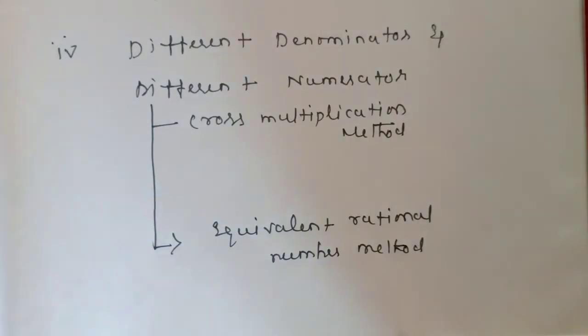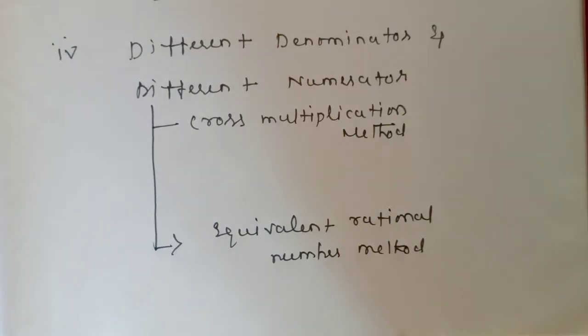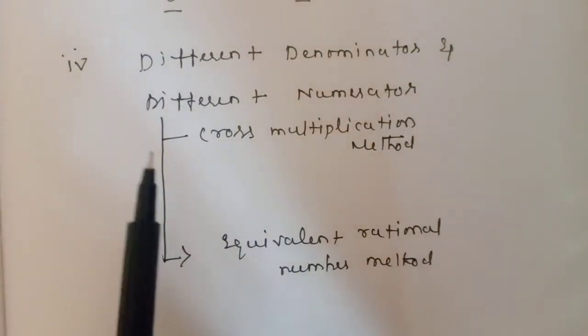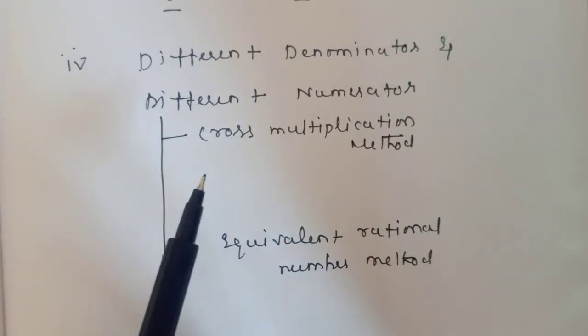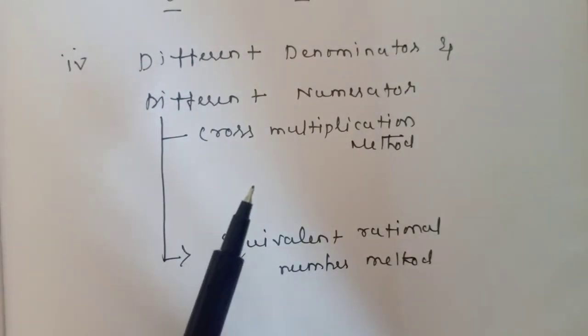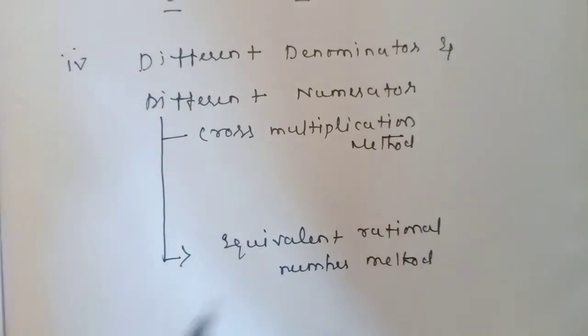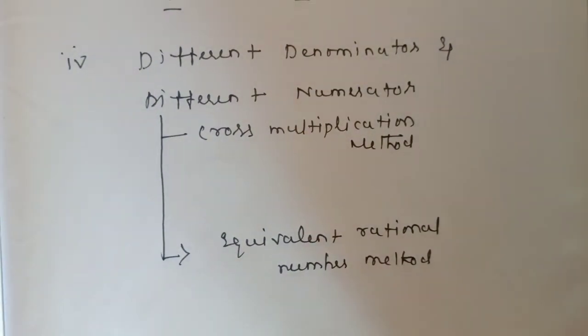In the above three cases also we can use these two methods, but when we want to easily compare two numbers with different denominators and different numerators, and find out which is greater or less, we use the cross multiplication method or the equivalent rational number method.